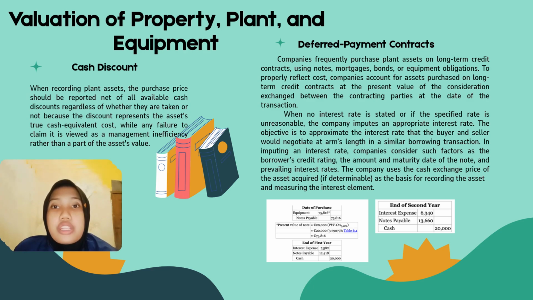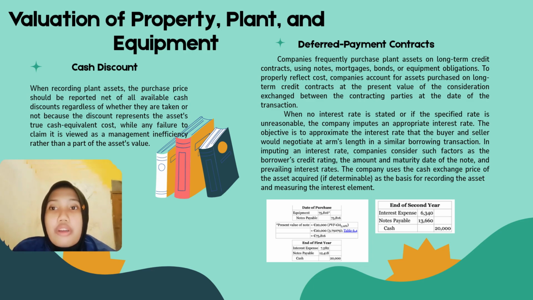Sarah is to pay off the note in 20,000 euro installments made at the end of each year. Sarah cannot readily determine the fair value of this specially built robot. Therefore, Sarah approximates the robot's value by establishing the fair value or present value of the note.